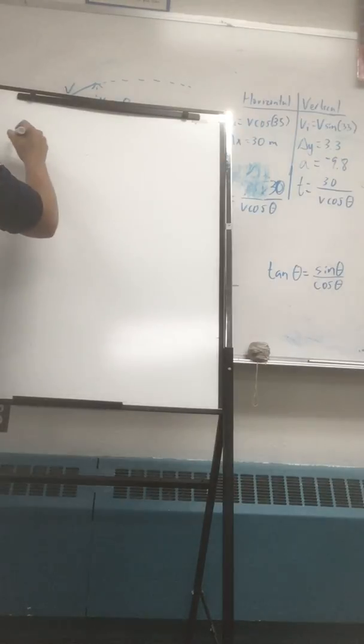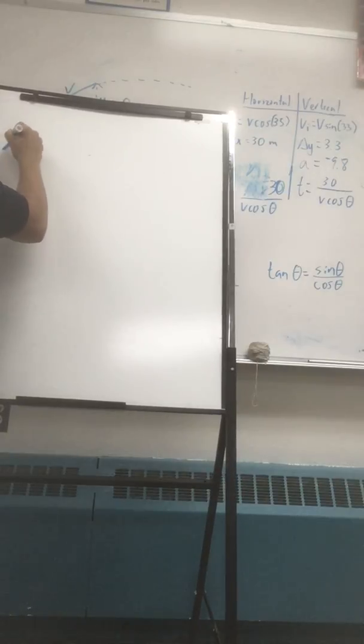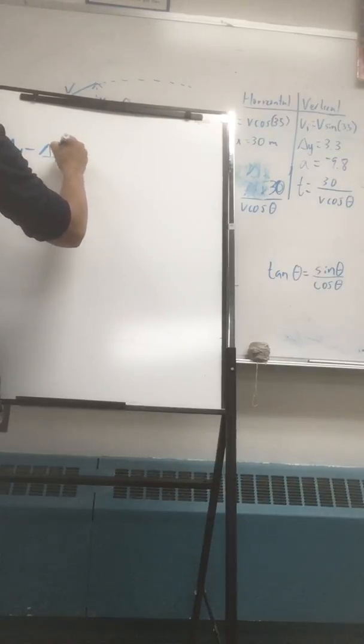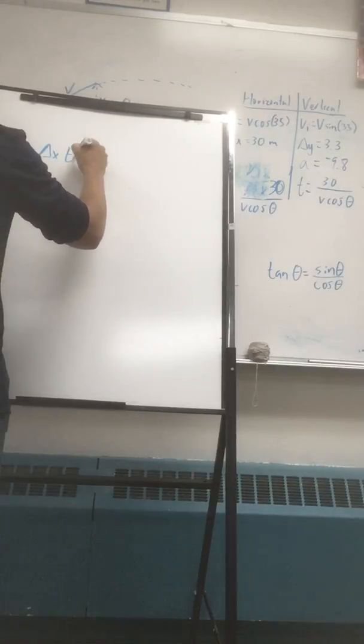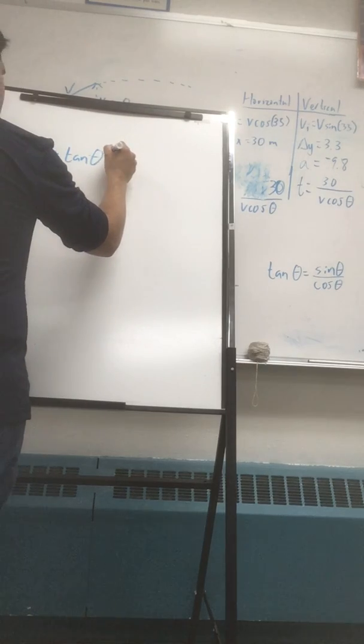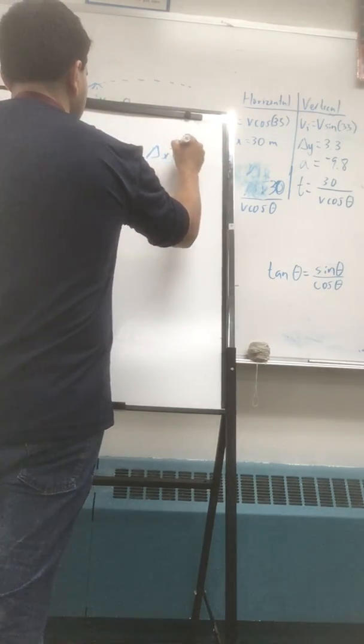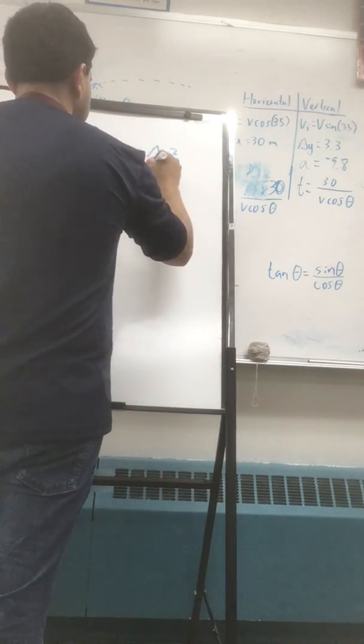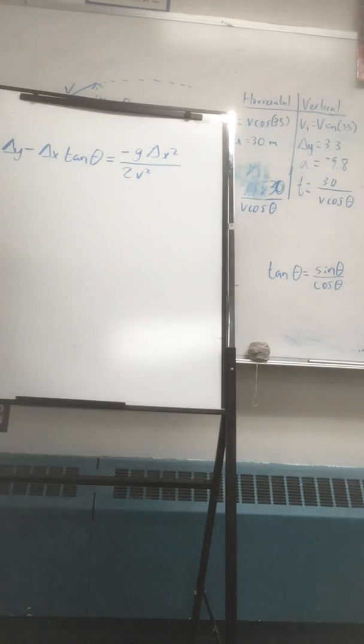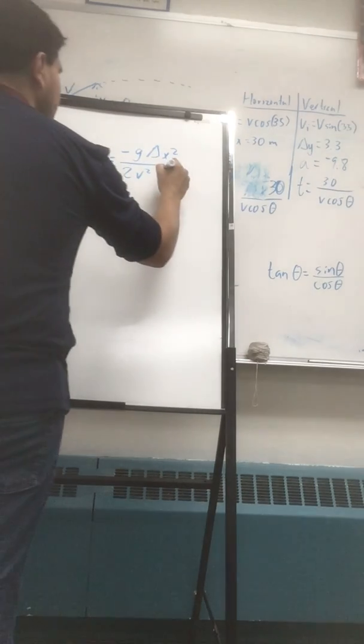So I have change of y. Change of y minus change of x tangent of the angle equals negative g change of x squared over 2v squared cosine of the angle.